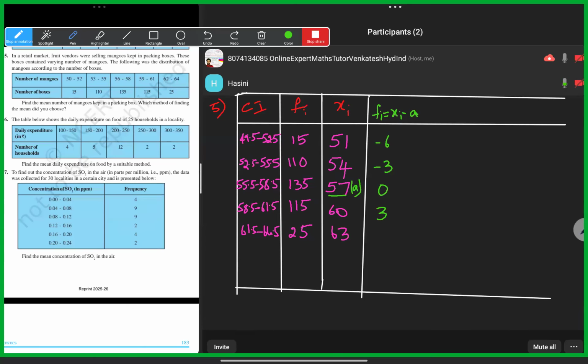Could you repeat the question? The final value in the table, how much? Sir, 6. Yes, 63 minus 57 is 6.